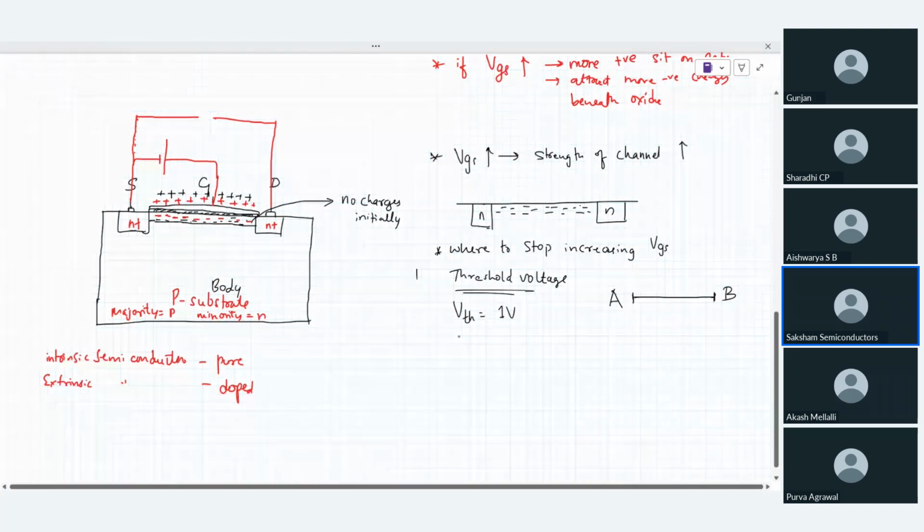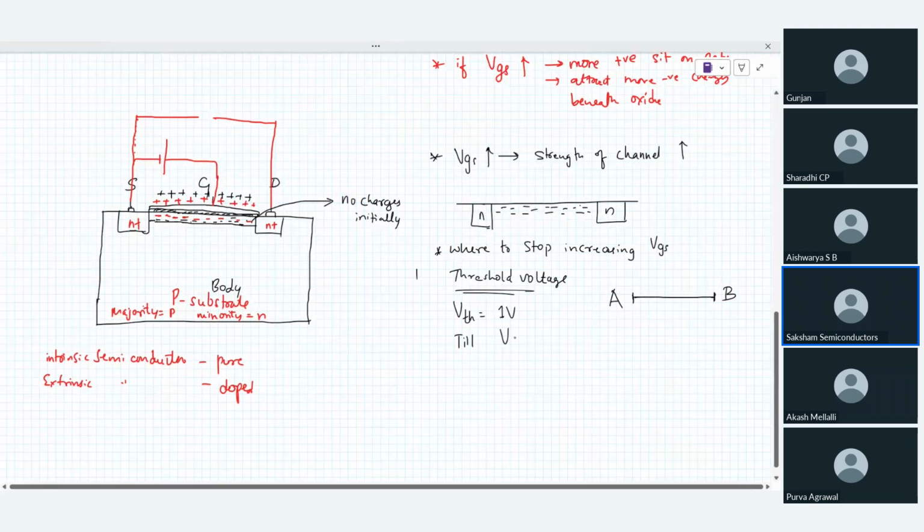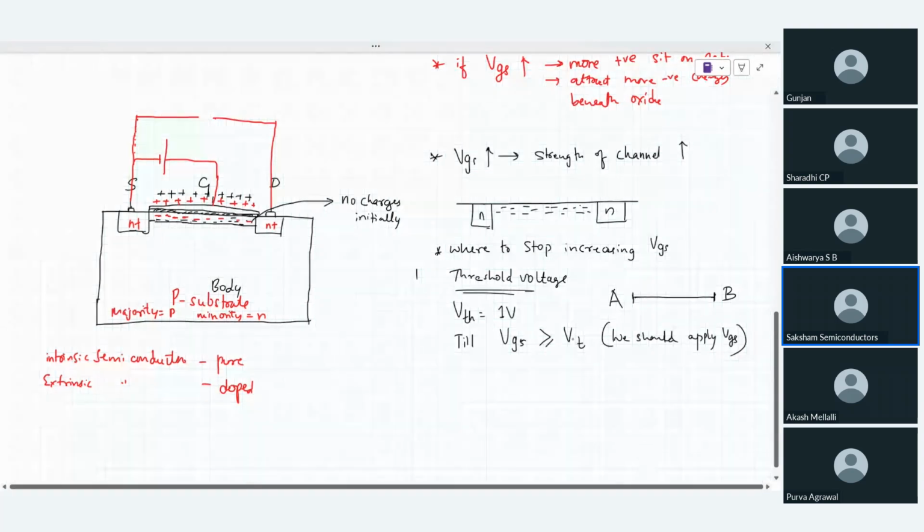That means VGS should be greater than or equal to VT. If VGS is greater than that threshold voltage or slightly greater than that voltage, we should apply it.